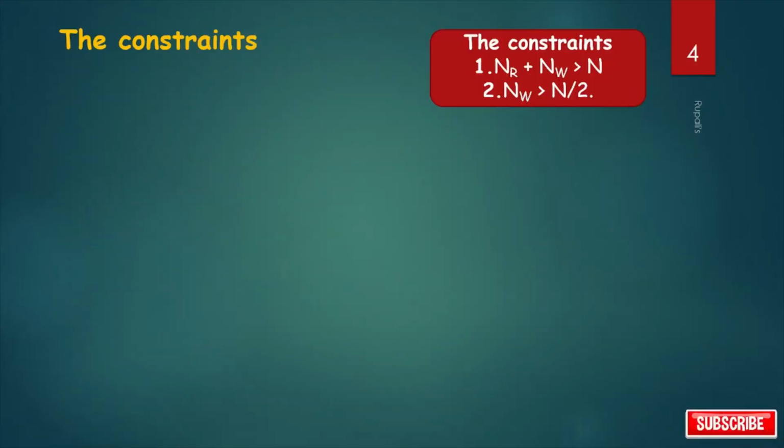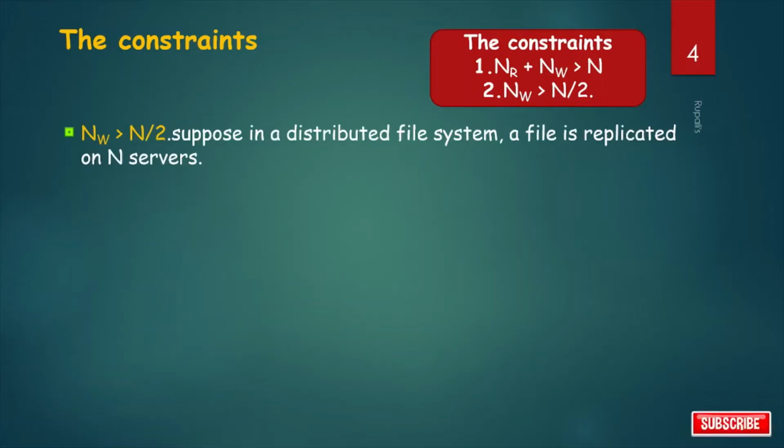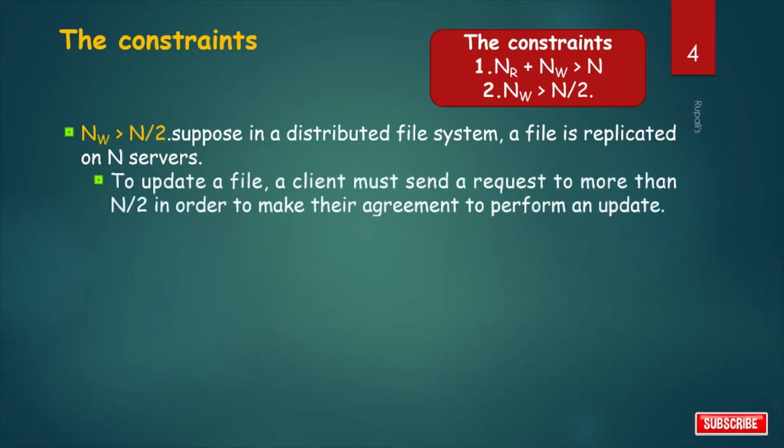and the read can proceed. The constraints: nw greater than n by 2. That is, nw means write quorum and n means total n servers. Suppose in a distributed file system, a file is replicated on n servers. To update a file, that is for write purposes, a client must send a request to more than n by 2 servers in order to get their agreement to perform an update.